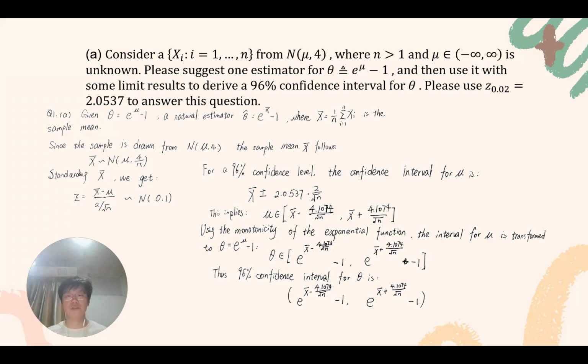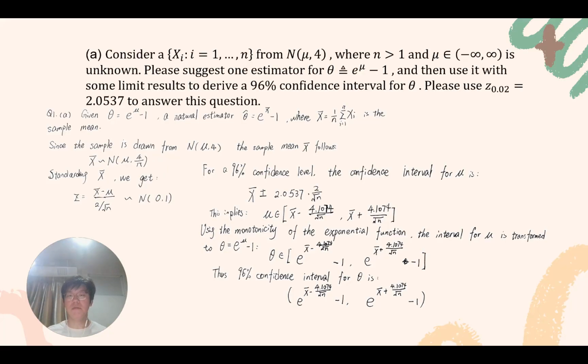So the first question: we want to find a 96% confidence interval for theta. Given that theta equals e to the mu minus 1, we can get a natural estimator theta hat equals e to the x bar minus 1, where x bar is the sample mean.